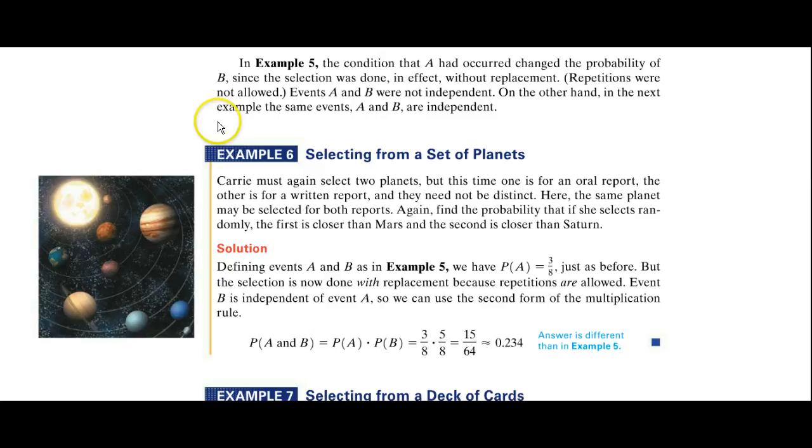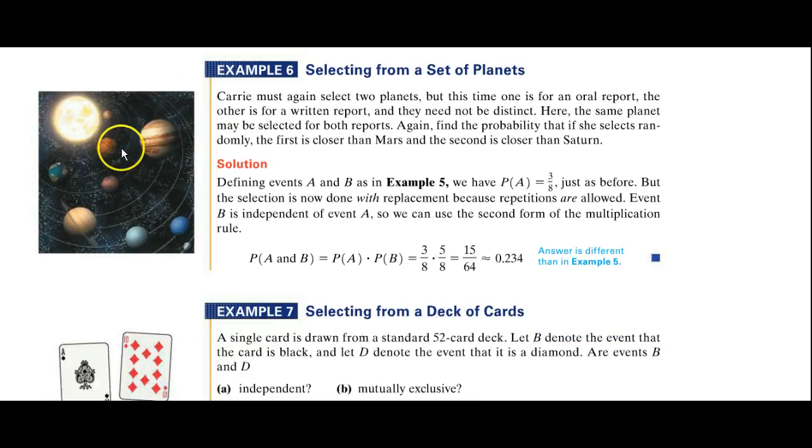On the other hand, in our next example, example 6, we're going to see that A and B are independent. All right. And having your textbook gives you these nice colored diagrams here. So again, Carrie must select 2 planets, but this time one is for an oral report and the other is for a written report, and they need not, here's the key, be distinct.